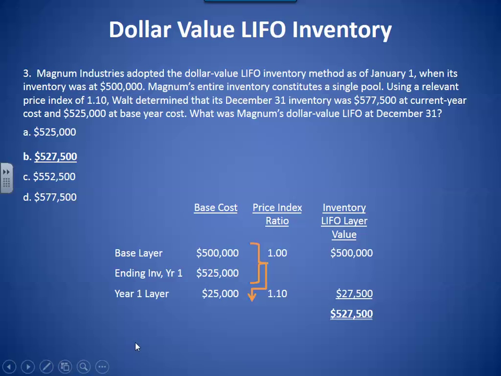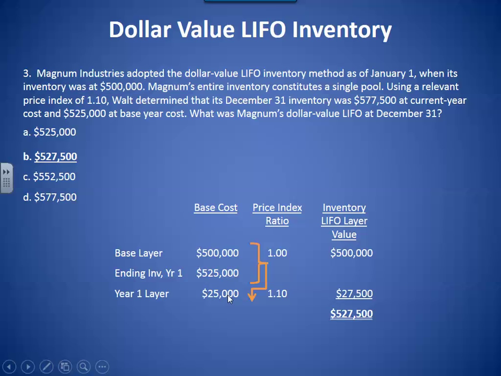Now our other layer, our first layer, is where our inventory had a base year cost of $525,000. So what we're seeing is that our year-end ending inventory of $525,000 at base cost means that we had a $25,000 layer that was added in year one.